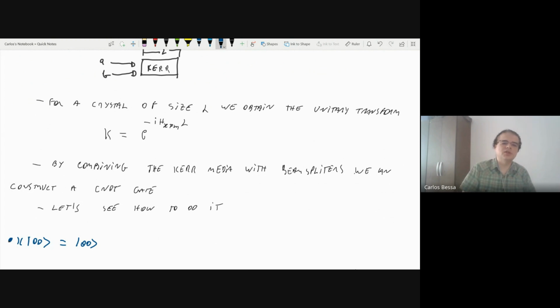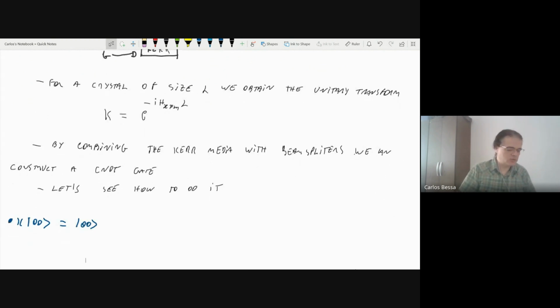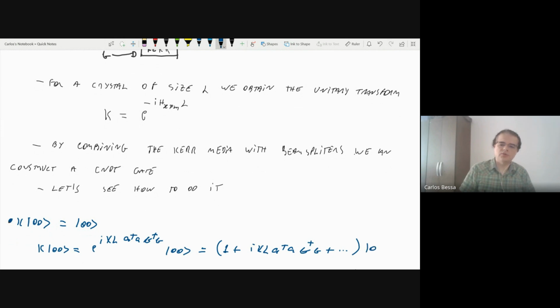But let's see if this definition agrees with our physical intuition. So this K is exponential of i chi L a dagger a b dagger b applied to this, expanding this exponential. This is just i chi L a dagger a b dagger b plus higher order terms applied to 0, 0.